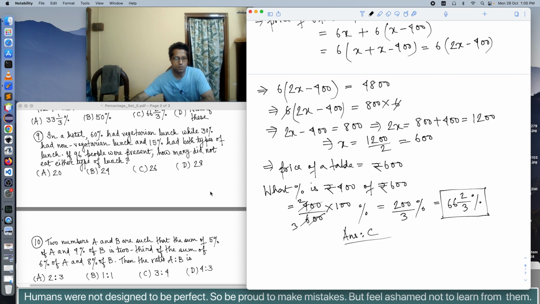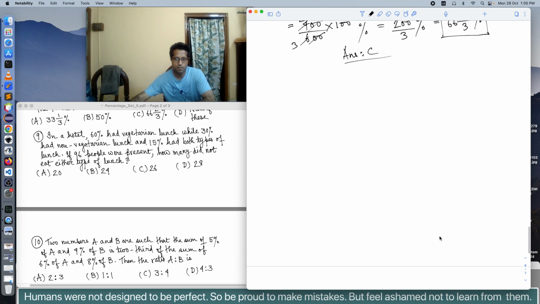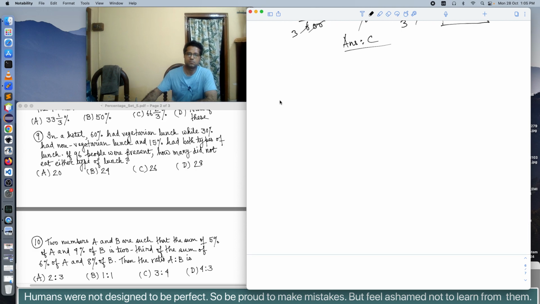Okay, let's do problem number 9. In a hotel, 60% had vegetarian lunch, while 30% had non-vegetarian lunch, and 15% had both types of lunch.